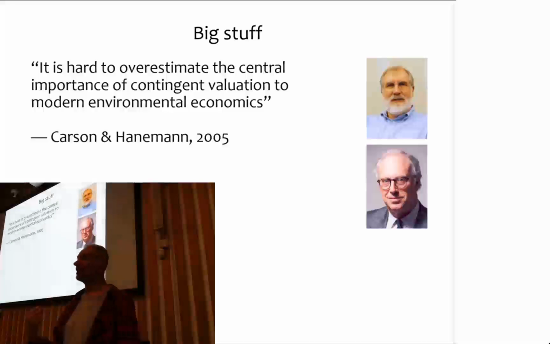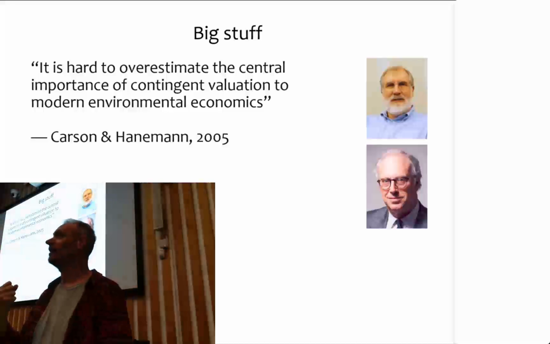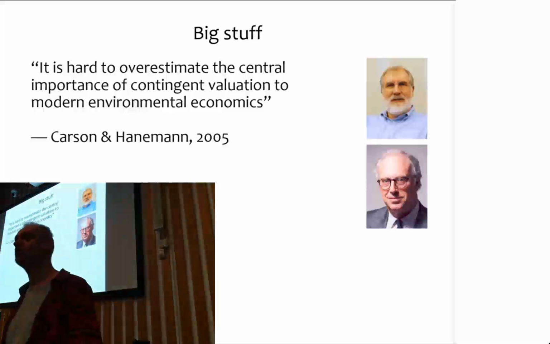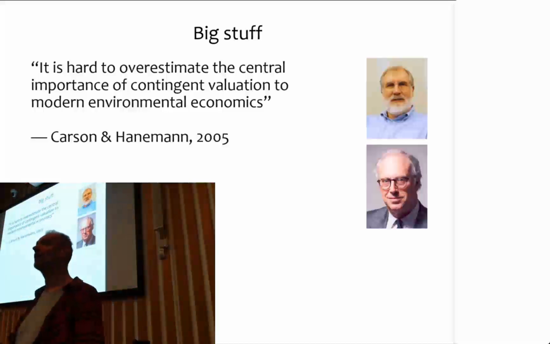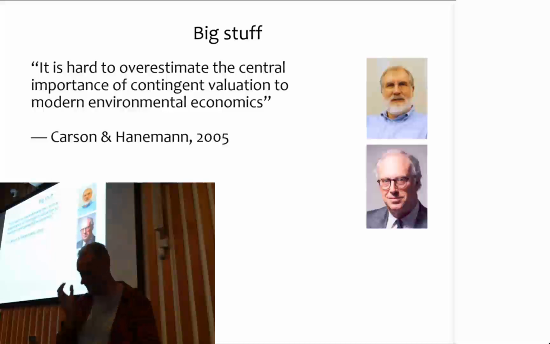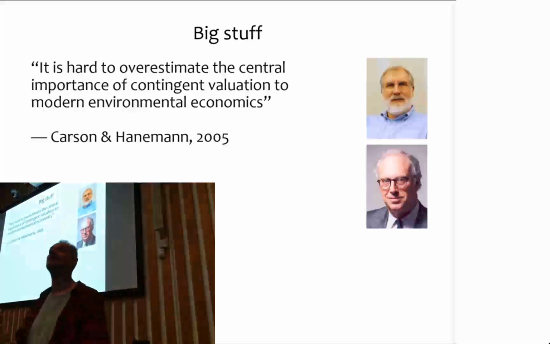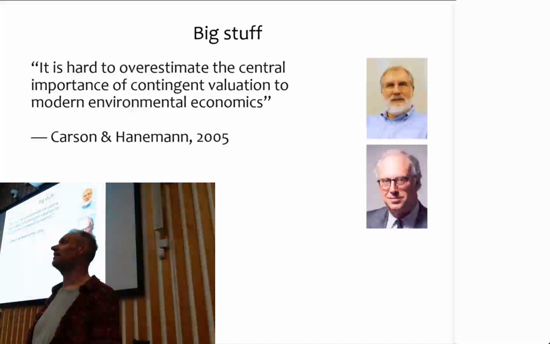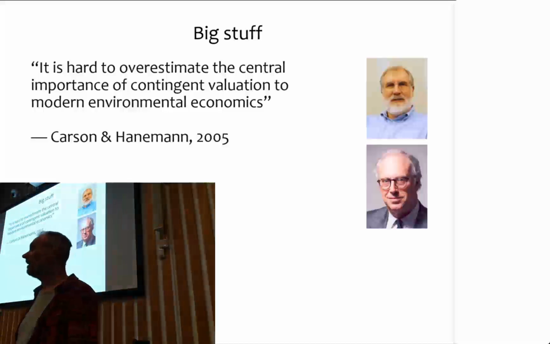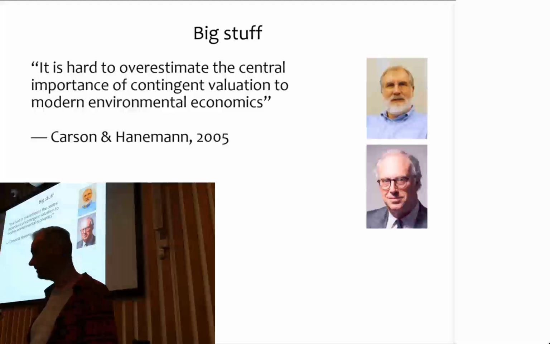Similarly, the damages paid by British Petroleum to the state of Louisiana for the damage done by the Deepwater Horizon accident were to a large extent based on contingent valuation. And we're talking about hundreds of millions of dollars paid in compensation.